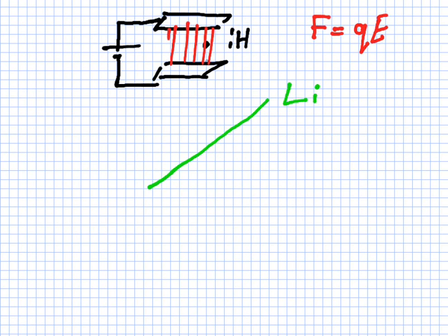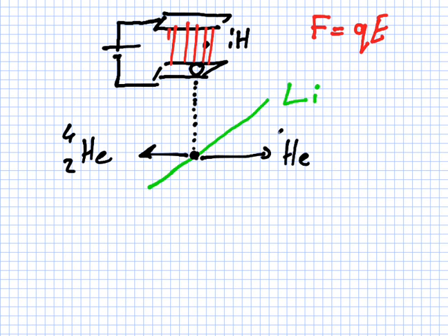It will accelerate. So you just put a little hole here in the plate, and the proton will fire through. Like in chemistry, like the electron gun, like a proton gun, it fires a proton. Then what happens here is the proton hits the lithium, and then off comes a helium-4,2, and here comes a helium-4,2.